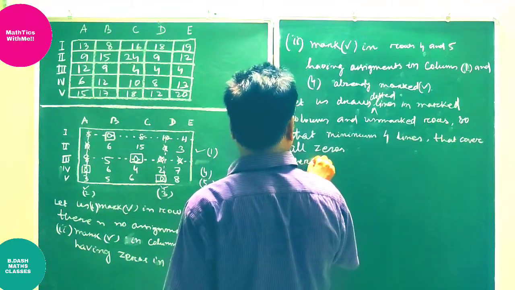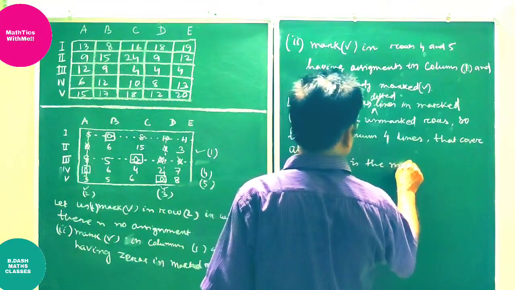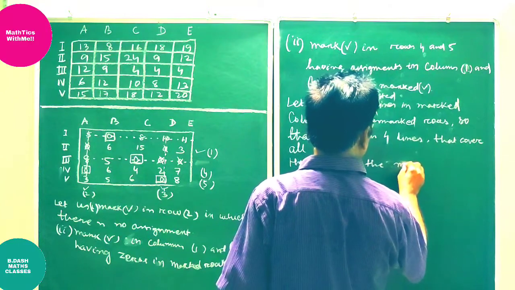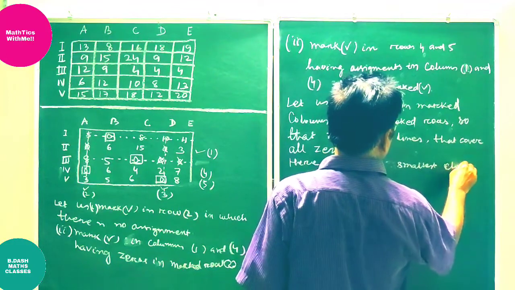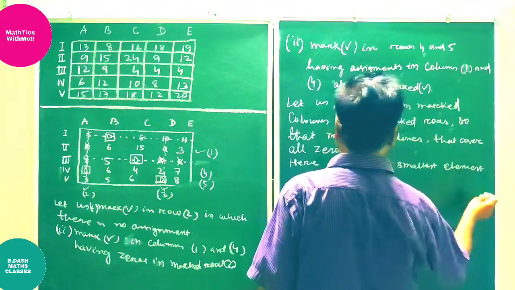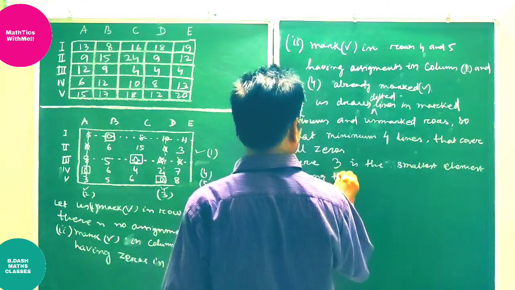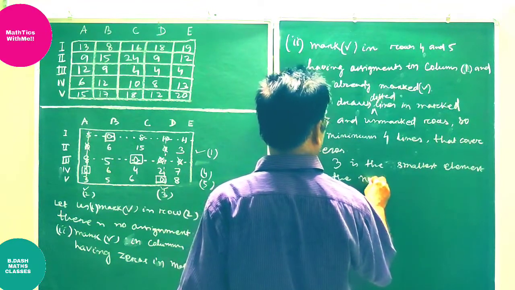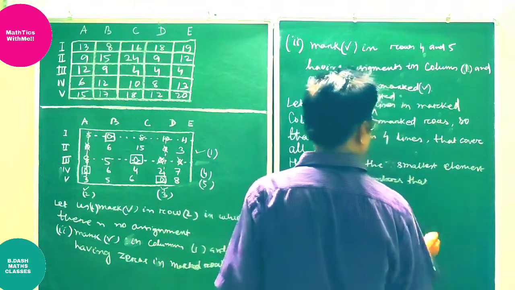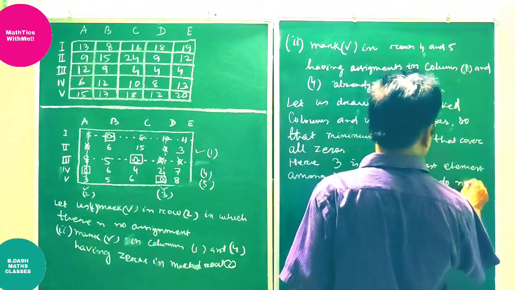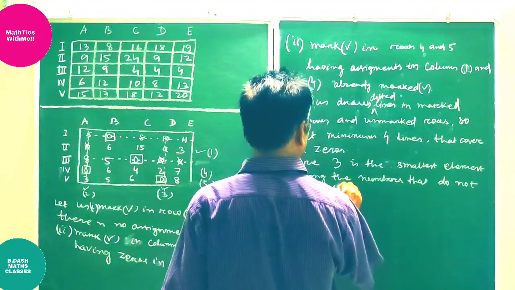Here 3 is the smallest element among the numbers that do not have lines through them.